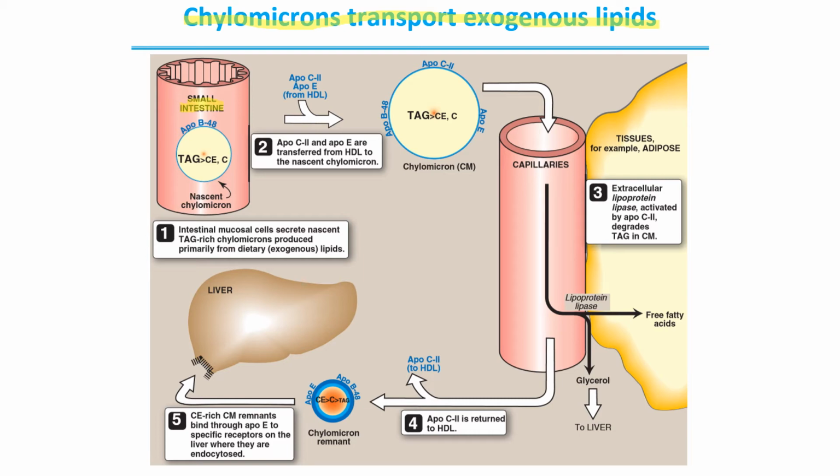With those lipids, we make this nascent chylomicron particle, which can be called a baby chylomicron because it's a small molecule. So from the small intestine, it goes out and it has to go into the bloodstream, and on its way it takes up two lipoproteins, ApoC2 and ApoE, from HDL. So HDL donates these two proteins to this chylomicron.